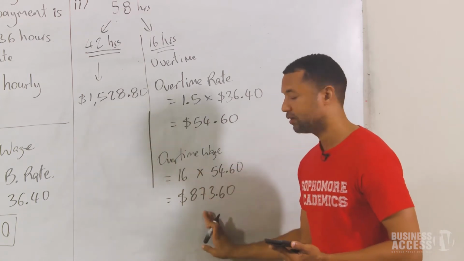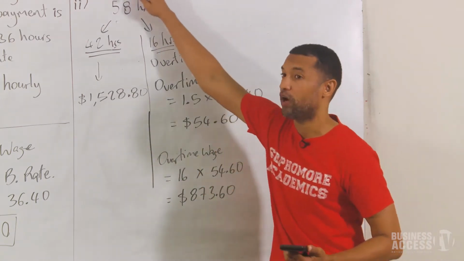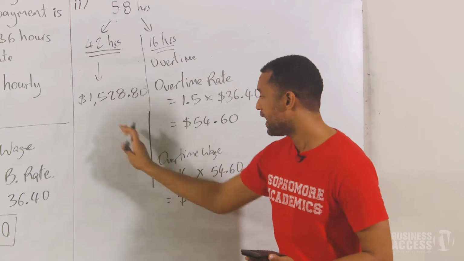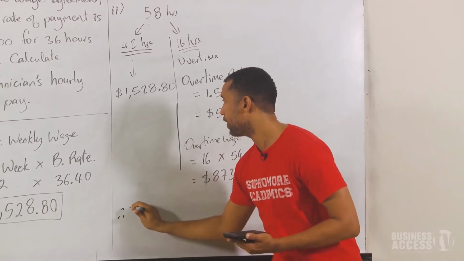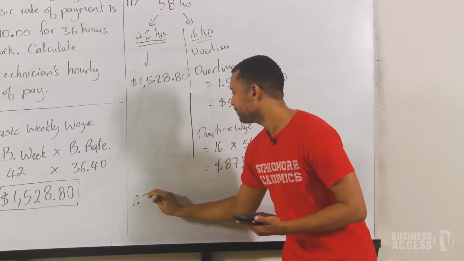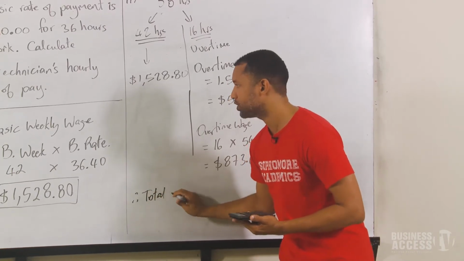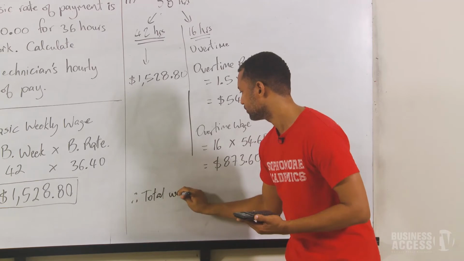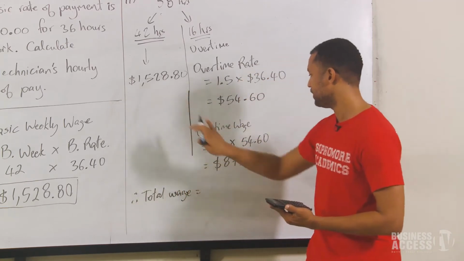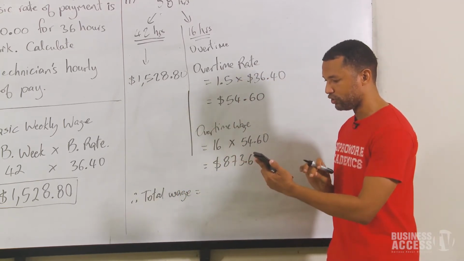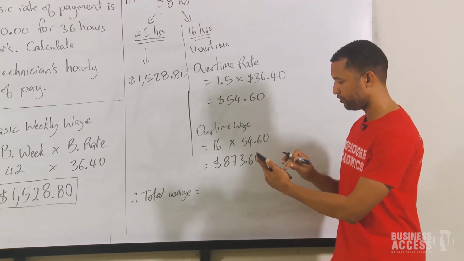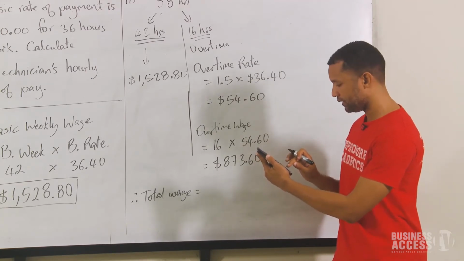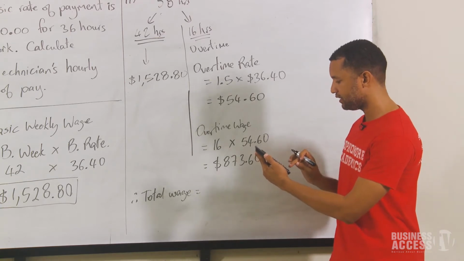Regular pay, overtime pay. So what's the total pay? You add these two values. Therefore, the total wage is going to be, when you add those two values, you get, let me see, 1528.80.